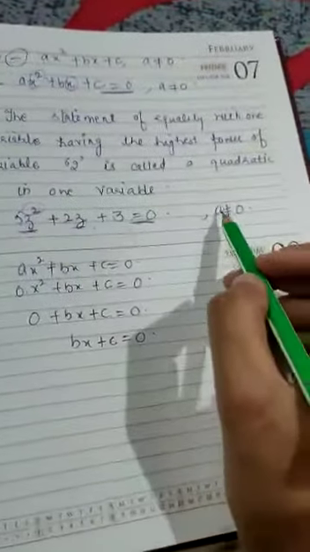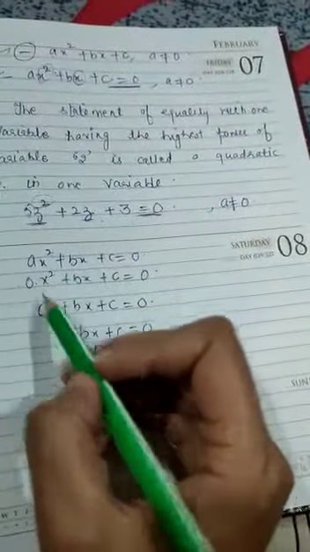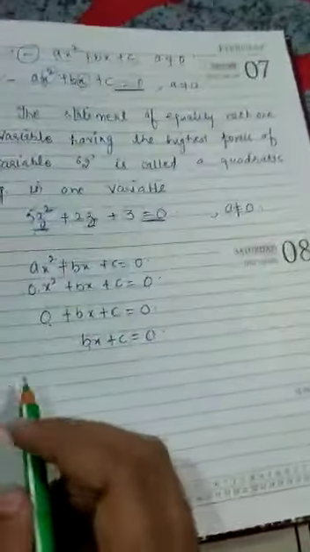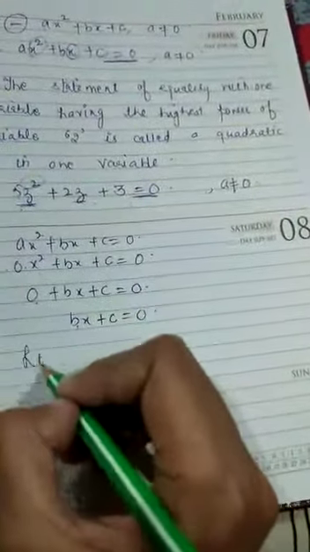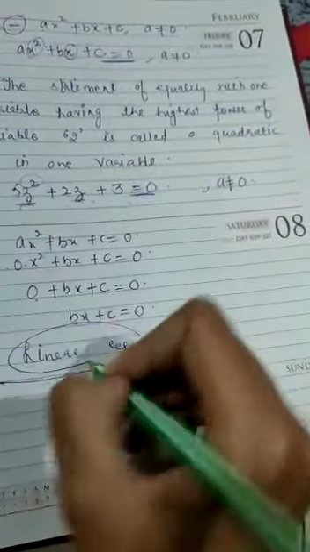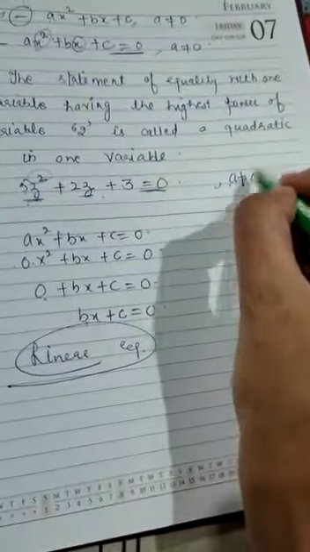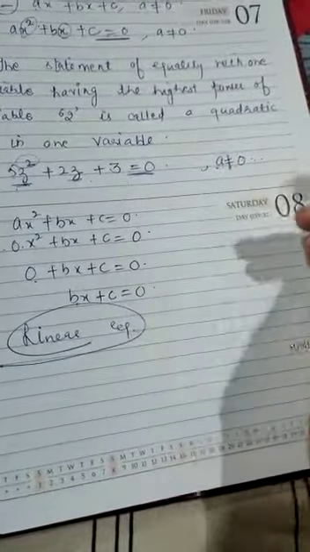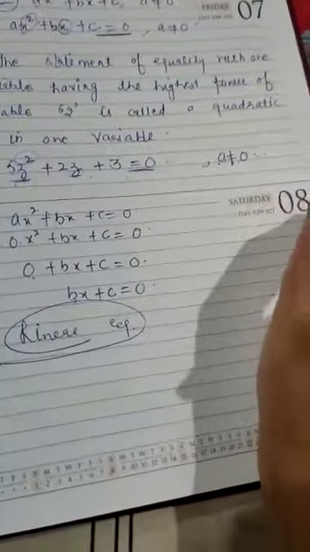So after putting the value of a equals to 0, it will not be a quadratic equation. It will become a linear equation. That's why the value of a will not be equals to 0. It can be any value other than 0. Only in that case will we consider this a quadratic equation.